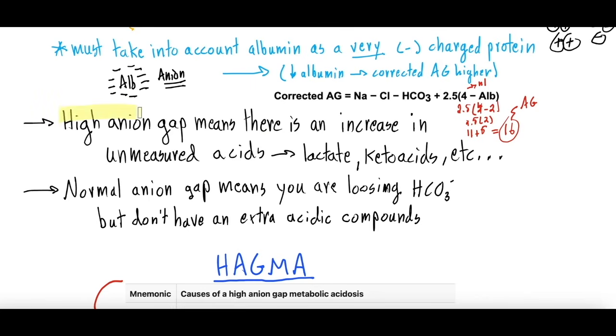Well, a high anion gap, or sometimes we just call it an anion gap, metabolic acidosis, means that there are unmeasured acids floating around in the blood. We're going to get into this, but first we want to say, so we can kind of clump both, a normal anion gap means that you're just losing bicarbonate. But you don't have any extra acidic compounds floating around, you're just losing bicarbonate.